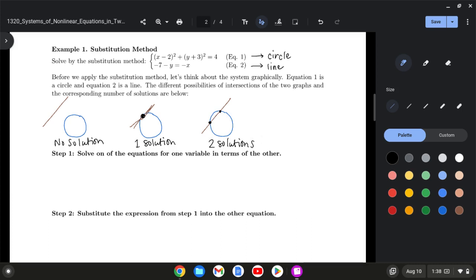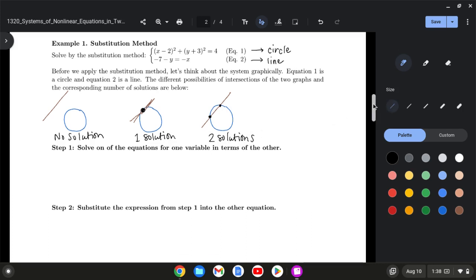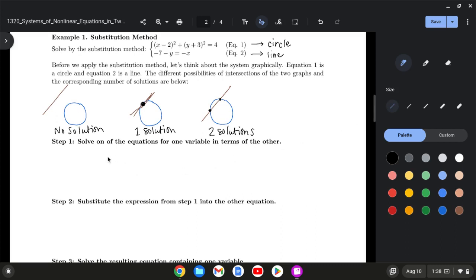All right, so let's go ahead and solve this system. So first step is we're going to solve one of the equations for one of the variables in terms of the other. I'm going to choose to solve for x in equation 2 because it's going to be really nice, since x is pretty much isolated.